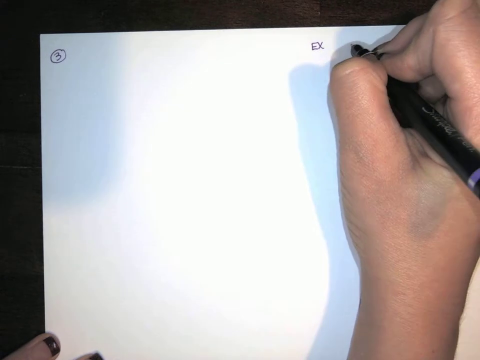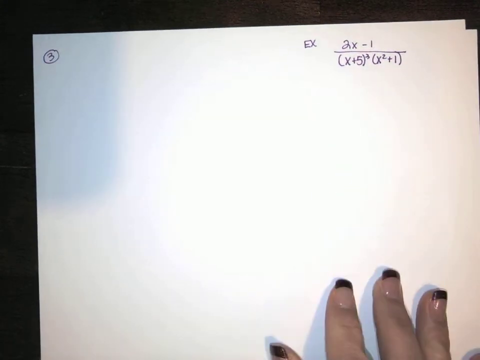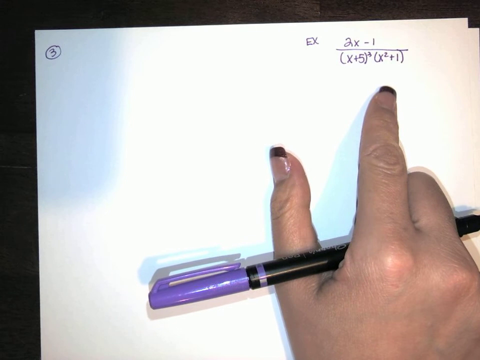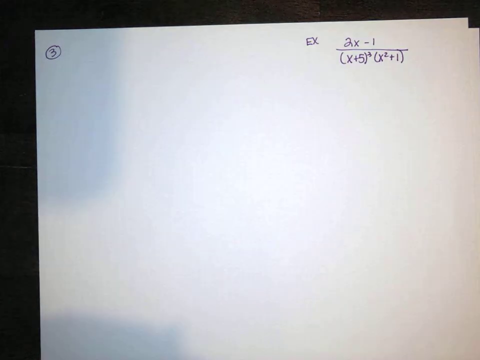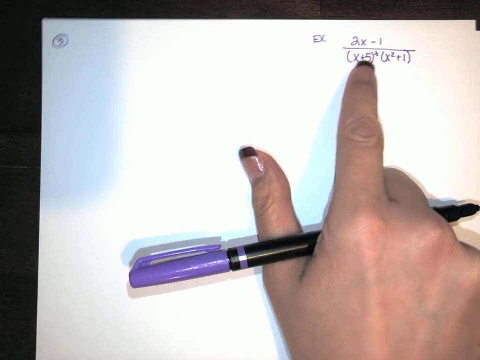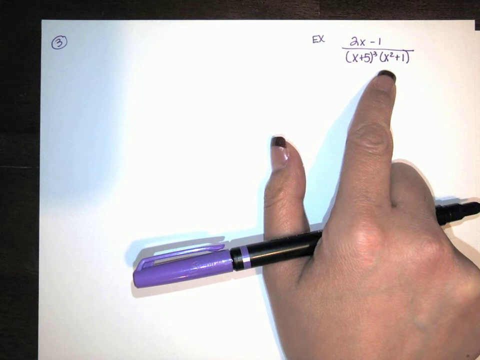Maybe you've got 2x minus 1 over x plus 5 cubed times x squared plus 1. Now, I probably wouldn't have you factor that because that's a 5th degree polynomial once it's all multiplied out. But you're going to have linear factors, like that's an x plus 5 is a linear factor. It's repeated 3 times. And you're going to have irreducible quadratic factors.